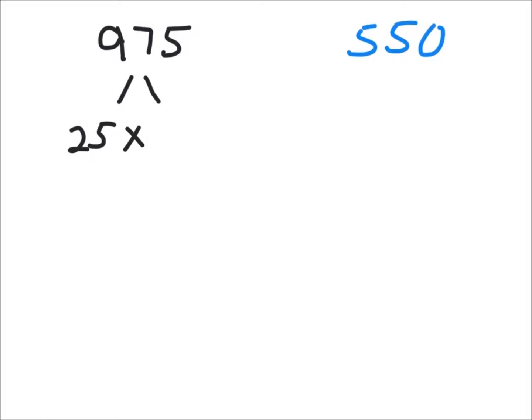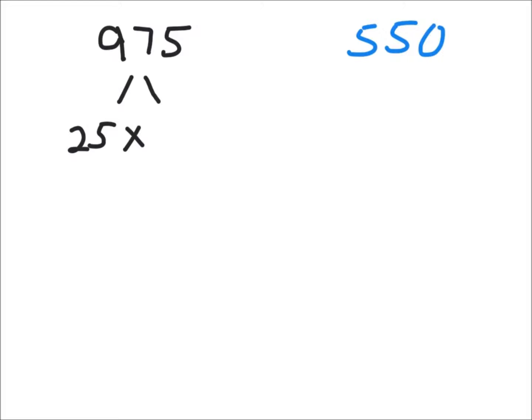How many 25s go into 975? Well, I'm going to ask myself, how many 25s are there in 100? There are 4 25s in 100. So if there are 4 25s in 100, how many 25s are in 900? 9 times 4, 36.